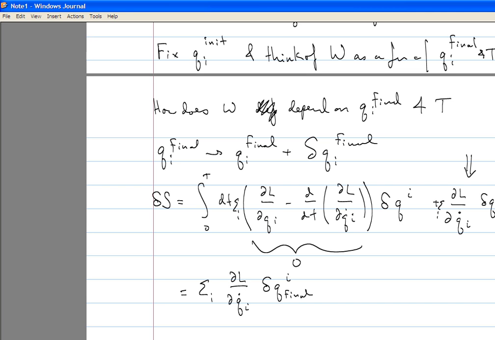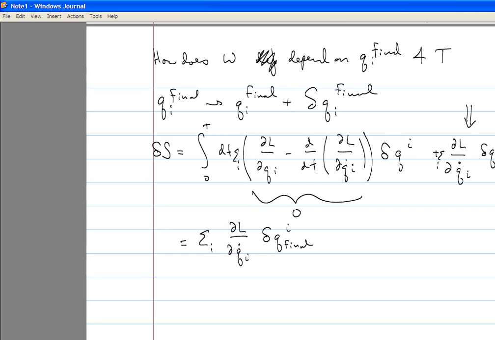So what does that mean? That means that this function W, which is just the action thought of as a function of the final endpoint on a classical path, obeys: the derivative of W with respect to q final is dL by dqi dot, evaluated at t is equal to T.